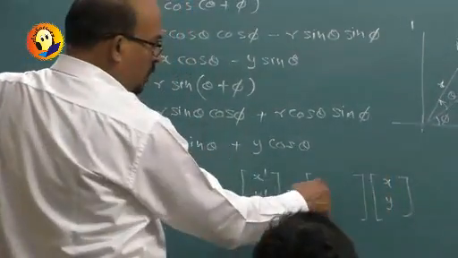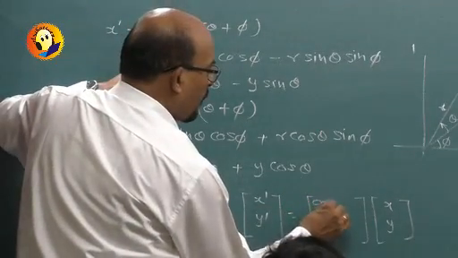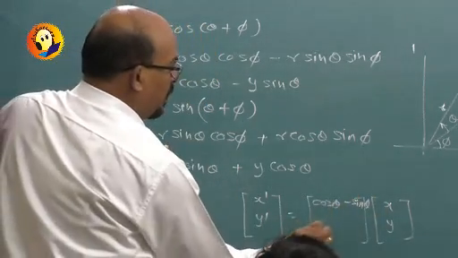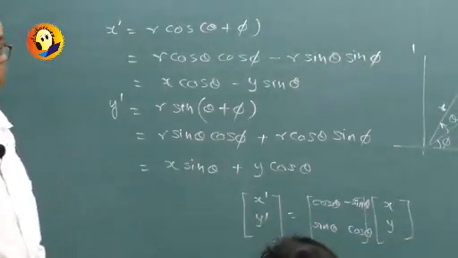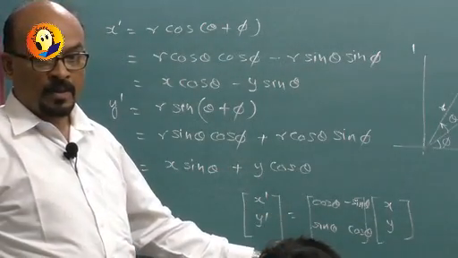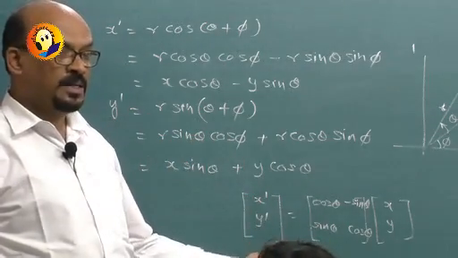Yeah, we can. So what should this be? Cos theta, minus sin theta, and it will be sin theta, cos theta. And this is a linear transformation. So all the transformations in computer graphics are linear transformations.